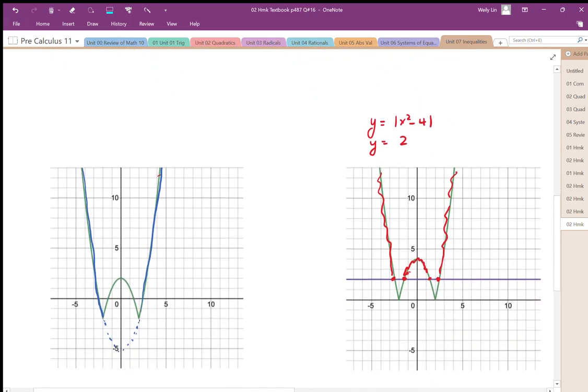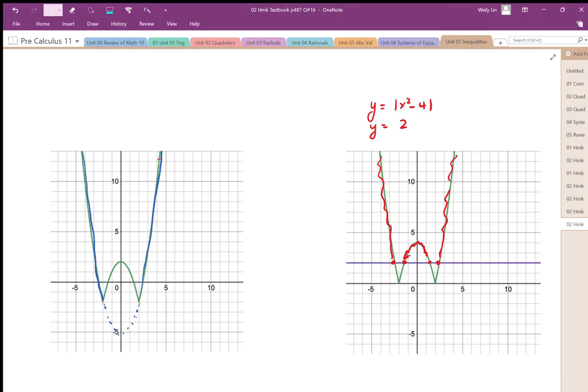y-intercept of positive 2. And so it's going to be this parabola here, and observing the domain, it's only going to be the portion between negative root 2 or negative 2 and positive 2, and then it's going to continue down like that.